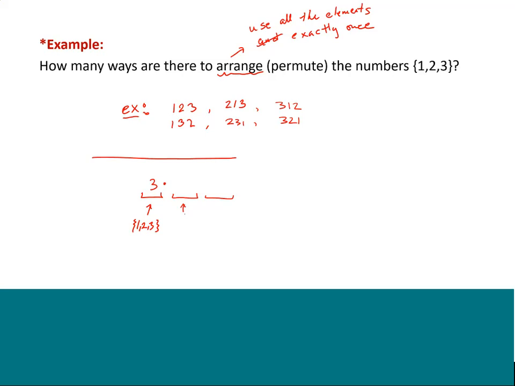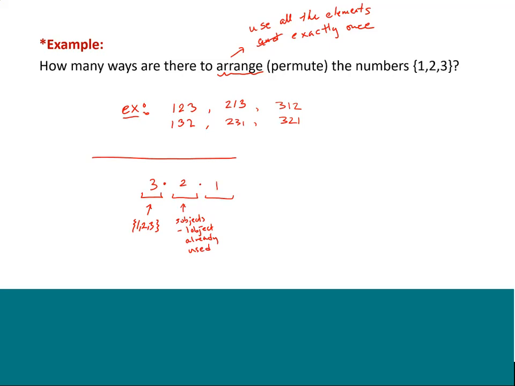So this is our 3 objects from the original set, subtract the 1 object that we already used. Now, using that same logic, how many objects are available for us to use in the third slot? Only 1, and that's the last one standing.